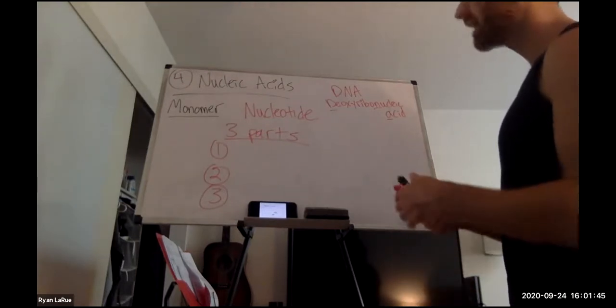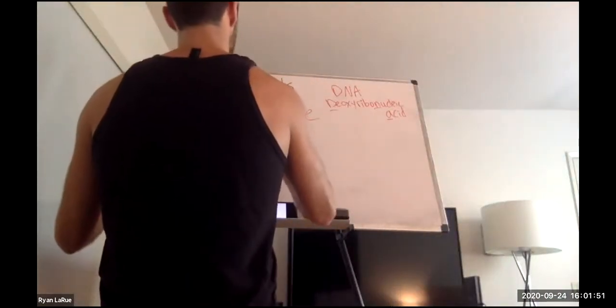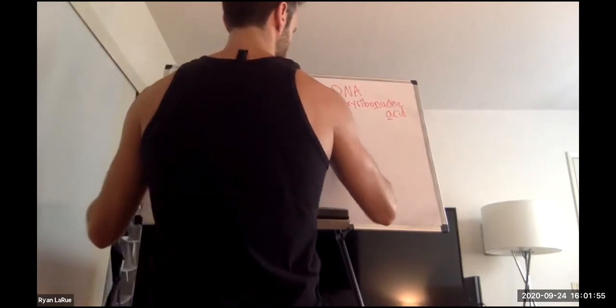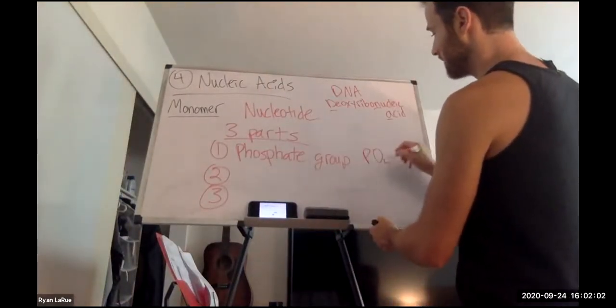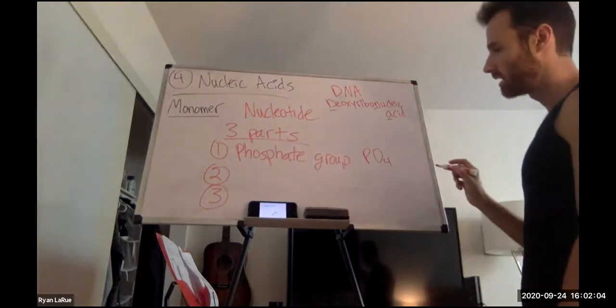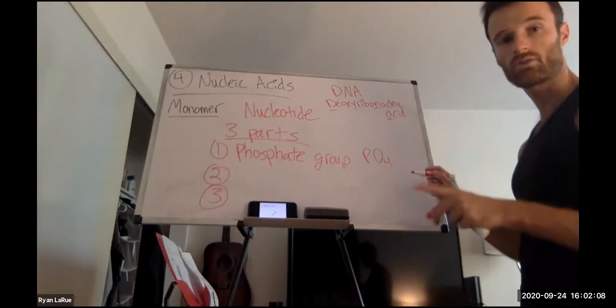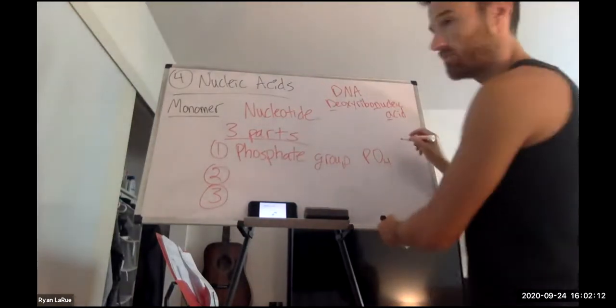So our nucleotide has a phosphate group. The phosphate group is this chemical functional group that consists of a phosphorus atom and 4 oxygen atoms, PO4. And importantly, it has a negative charge associated with it, sometimes even a -2 charge.